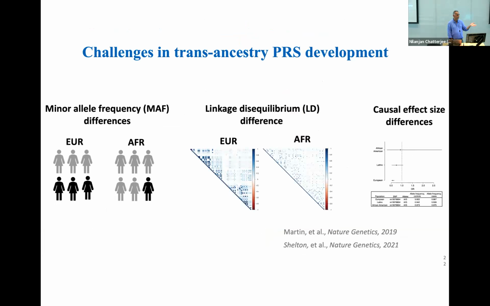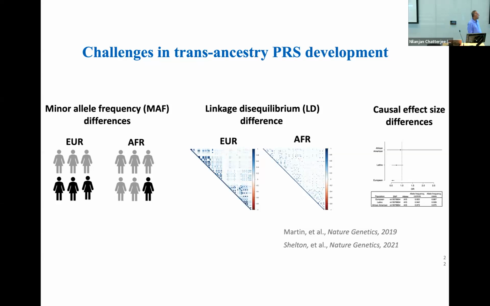But those same variants, even if they have the same causal effect, can have a much lower frequency in another population. And as soon as the frequency becomes lower, even if the causal effect is the same, the predictive power, in terms of how much variation in disease risk it can explain, drops. So this is the most important cause of why PRS does not perform well in other populations: the allele frequency differences.